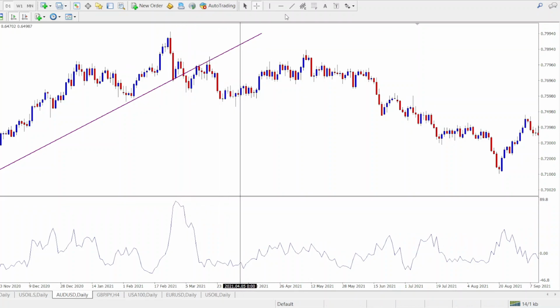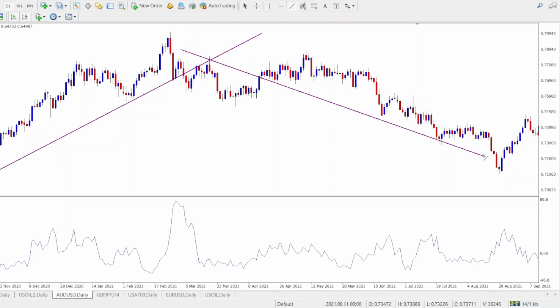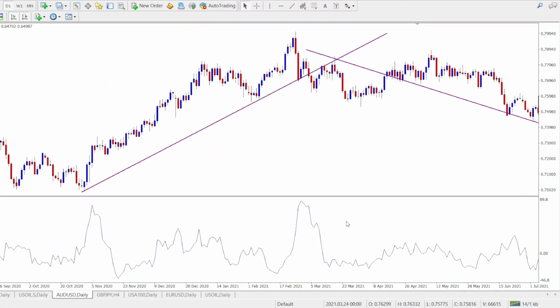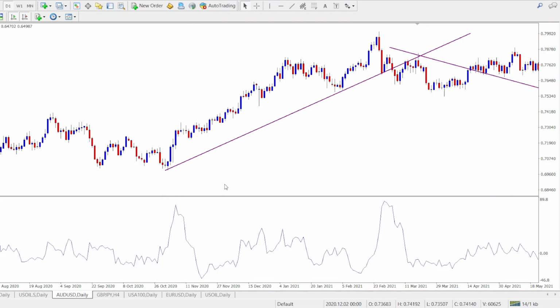In this case, it's signaling a bearish reversal. Can you see that? So pay attention to the extreme level of the Chaikin volatility. Whether it is a bullish trend or a bearish trend, your main focus should be on the Chaikin volatility rising to the very top of the indicator window. You can see in this situation, it signaled a bullish reversal.